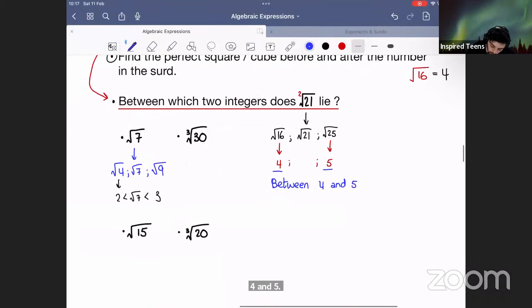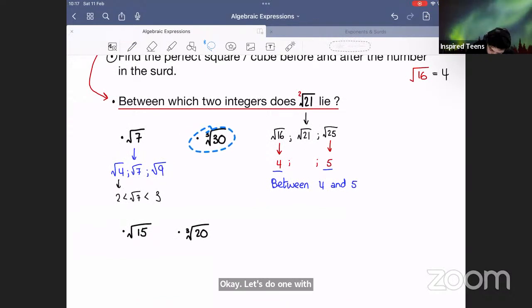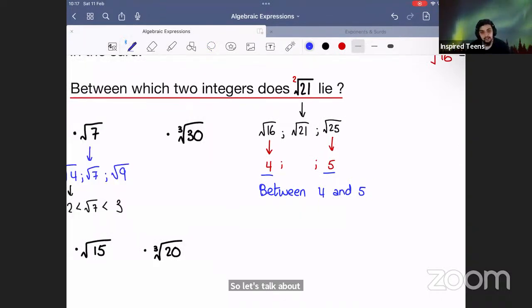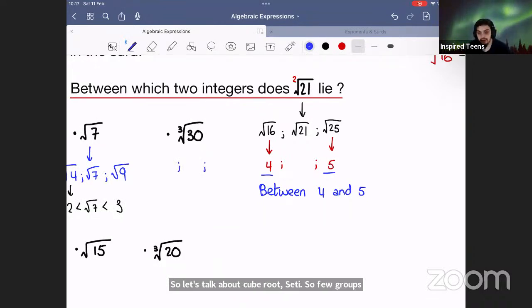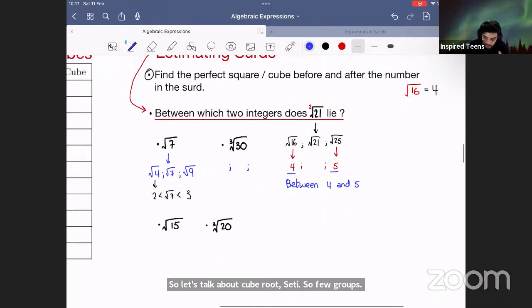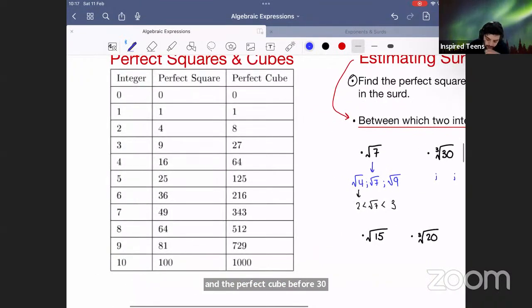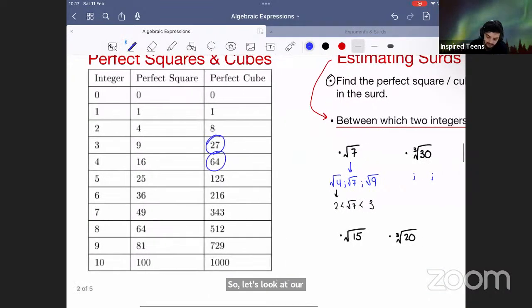Okay, let's do one with cube and then we can move on. So let's talk about cube root 30. We need to find the perfect cube after 30 and the perfect cube before 30. So let's look at our cubes. Before 30 would be 27. After 30 would be 64.